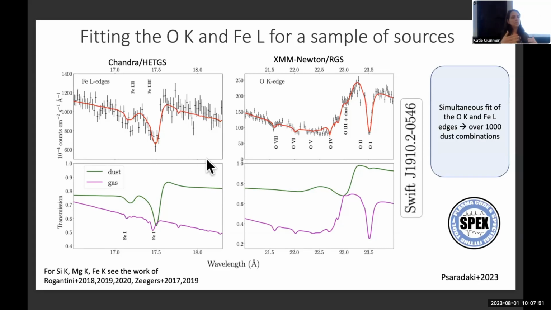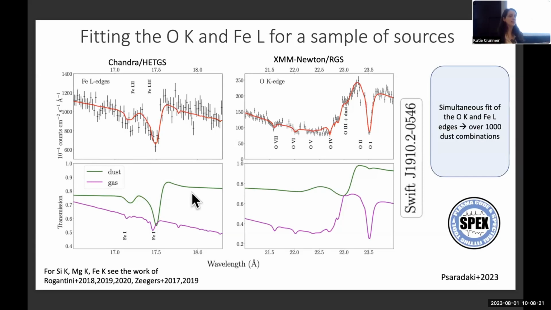So we fit with all possible combinations of dust. If we count 20 models and all the possible dust combinations, we have more than 1,000 models to choose from. And after performing statistical tests, we can understand what the dust grain chemistry is in the line of sight we are choosing. Here you see, for example, in the iron edges, the transmission of dust, and it takes most of the absorption.